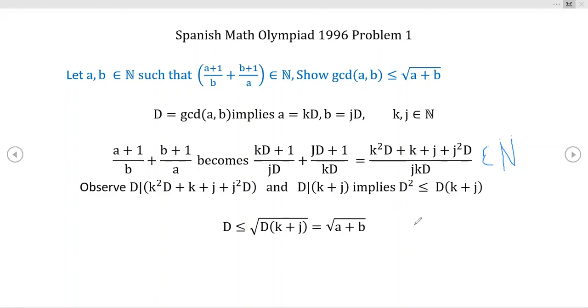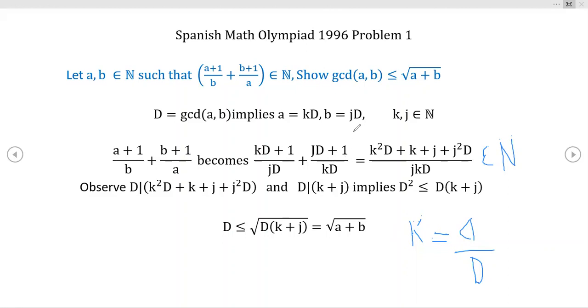K, I'll just write off to the side here, K is equal to A over D, A divided by D. All I'm doing is rewriting this piece up here to show you why this has to equal this.